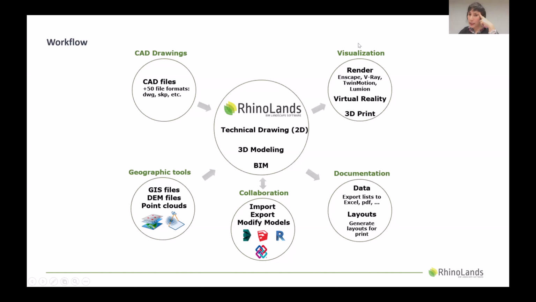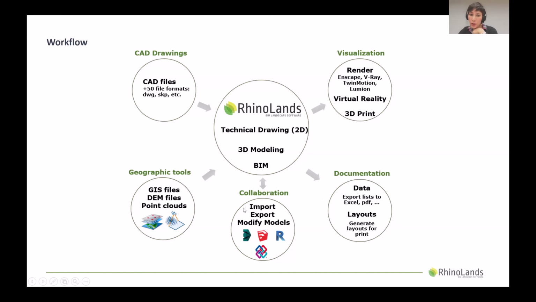For visualization at the end, you can shoot a render by applying Enscape, V-Ray, Twinmotion, or Lumion, or you can use a virtual reality headset to visualize the project, or print your project with a 3D printer. For documentation, you can export all these lists to Excel or PDF, or directly print your layouts that you have generated inside the program.